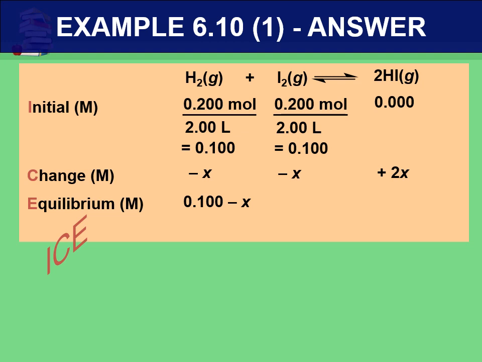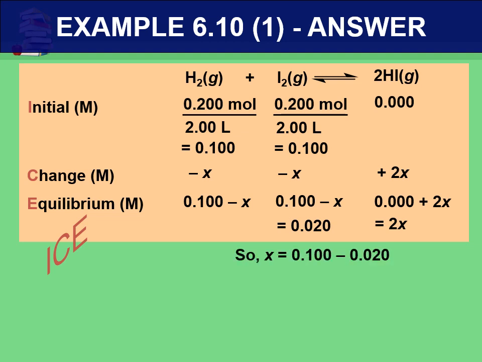Next, we're going to do the equilibrium concentration. So now we write 0.1, the initial, minus the change, minus x, the same as I2. And for product, we have 0 plus 2x. Now, let's solve this. The question also gives that the equilibrium concentration of I2 is 0.02 molar.